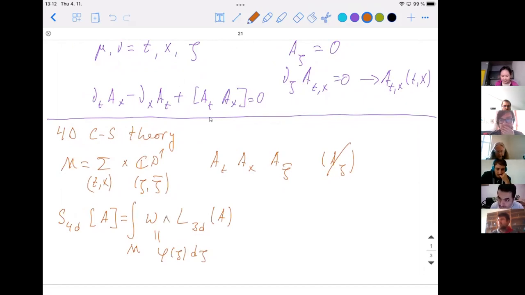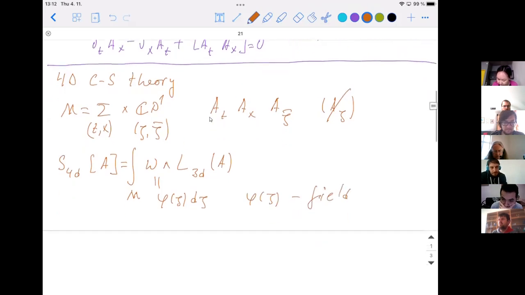If you want to write the Lagrangian in terms of wedge products, then we should write it like that. But this phi z is not filled. It's like the initial data of this setup is not filled.